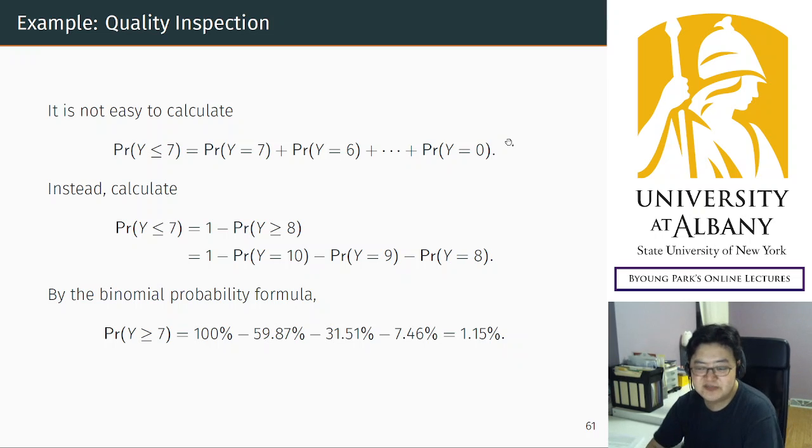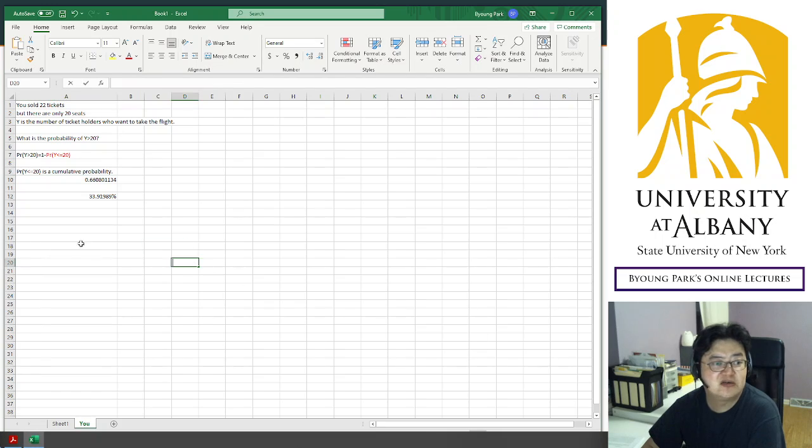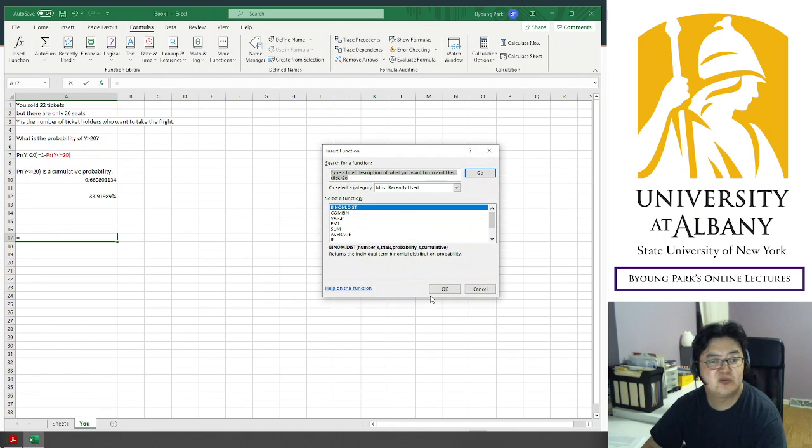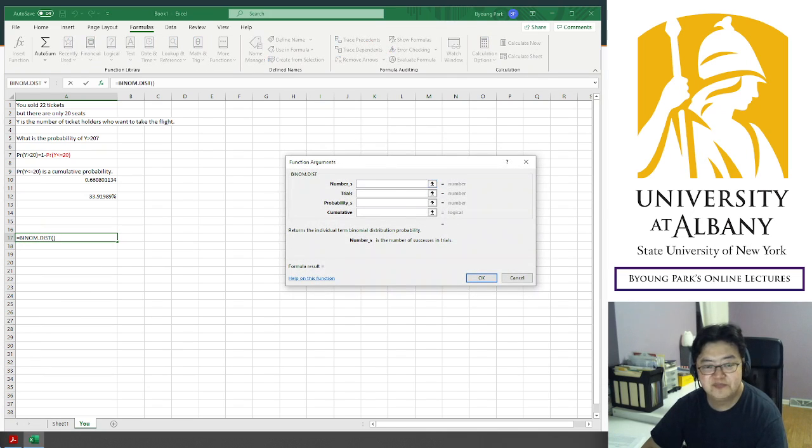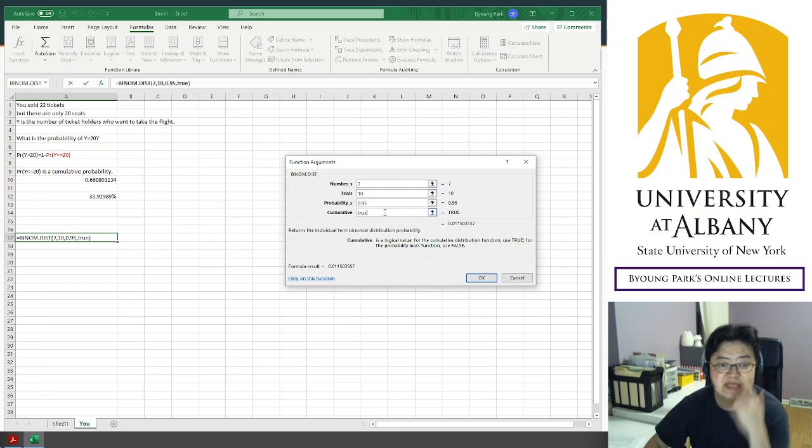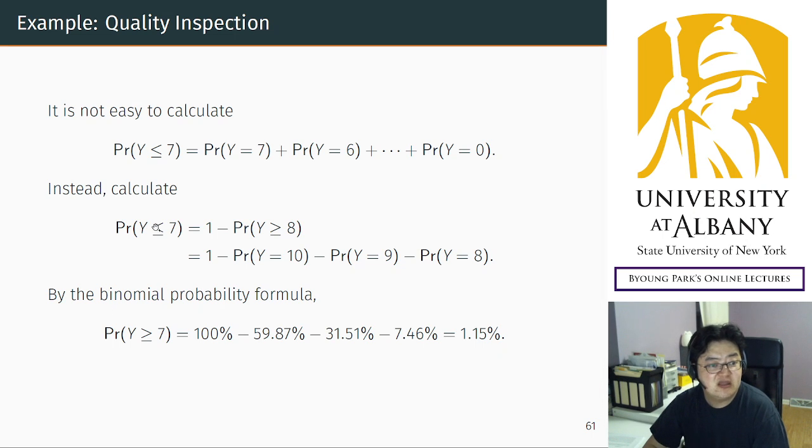However, if you use Excel, then it's actually easier because I will show you the binomial distribution formula. In our example, you are calculating cumulative distribution up to 7. So the original probability itself is a cumulative probability. Probability is smaller than or equal to a certain number.